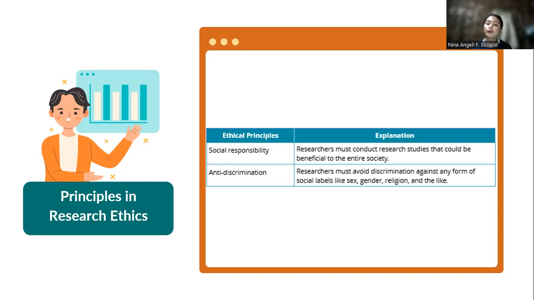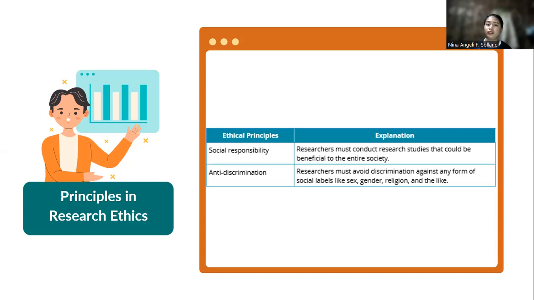Okay? Know that you are part of the society and you have a social responsibility. Next, we have anti-discrimination. Again, of course, aside from being fair and unbiased, we also have to avoid discrimination. Regardless of who your respondent is, do not discriminate against them, regardless of gender, sex, religion, or age.